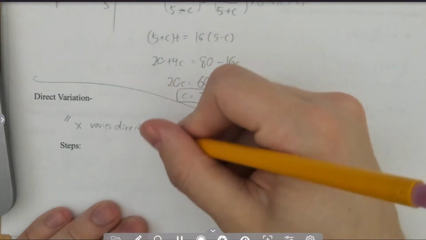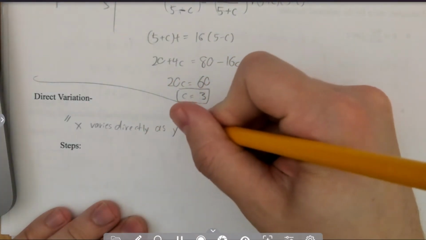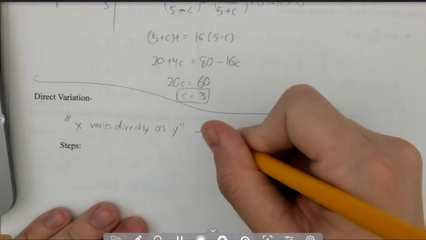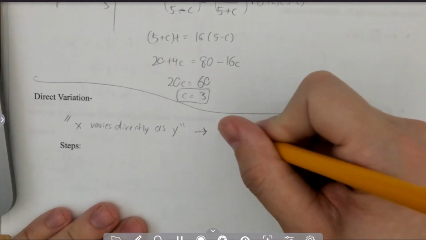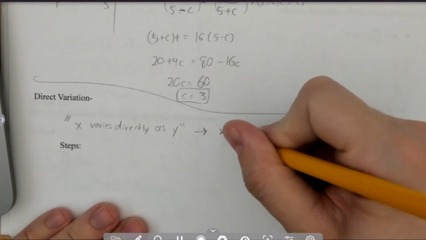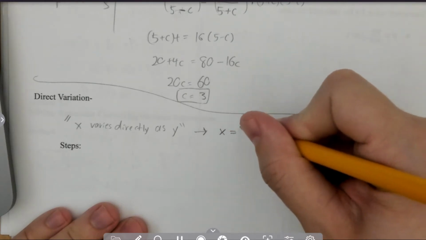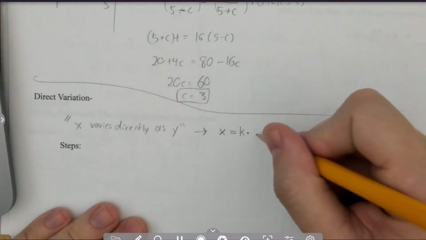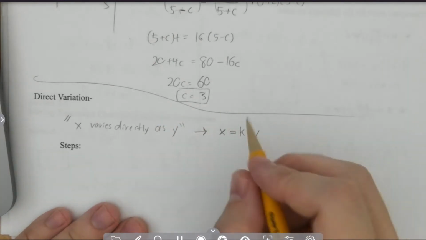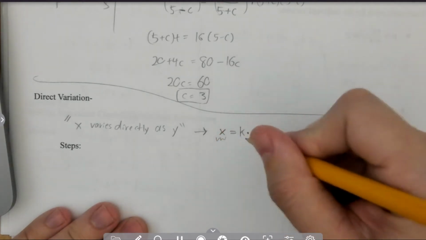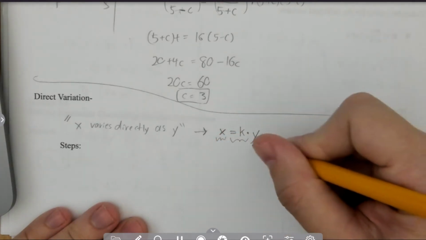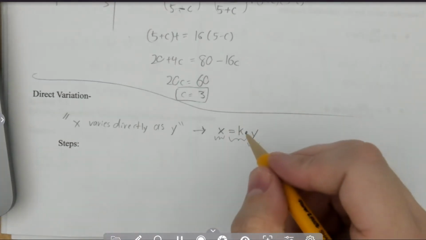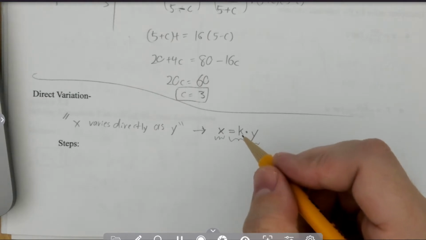If you read something like that, that is an equation that looks like this: x equals k times y. So in other words, there's x, this is varies directly as, and that's y. We are multiplying, and there's this extra variable that pops out in direct variation.